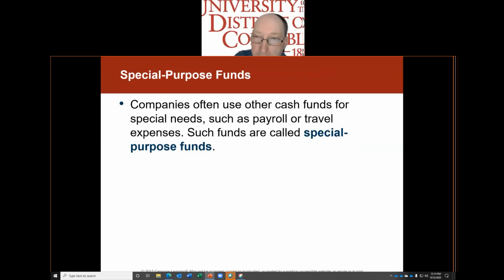Sometimes it might just come out of the petty cash fund, which sometimes happens as well. But most of the time, if an employer is paying for an employee's Uber ride, because obviously there's no physical cash changing hands, we would use a special purpose fund, through an EFT. But yeah, good point.